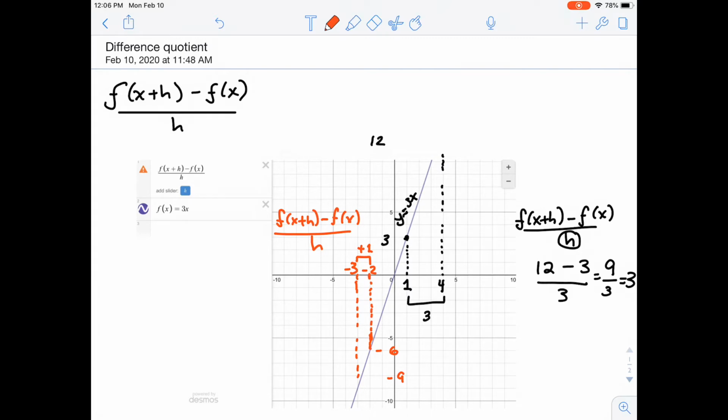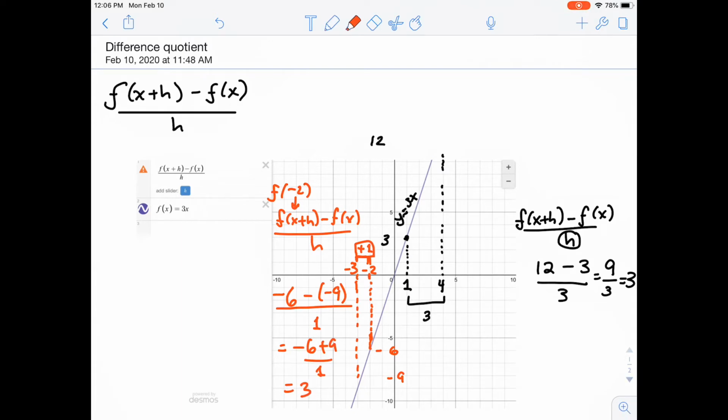Our f of x plus h is actually our f of -2, because that's the one that we moved up to, our plus h. And so in that case we get -6 subtracted by -9, our two y values, divided by this difference, which is +1. This gives us -6 plus 9 divided by 1, which is just 3.